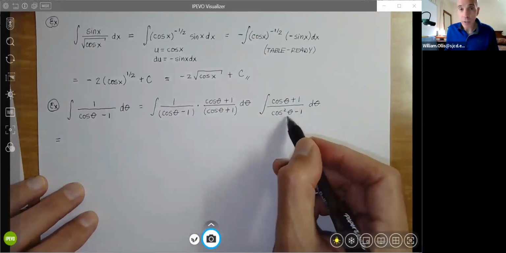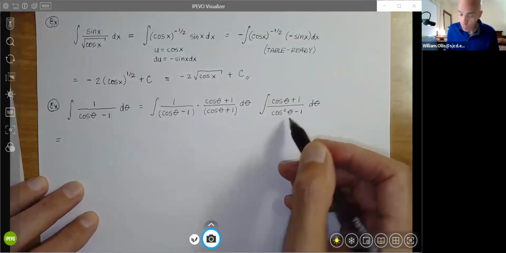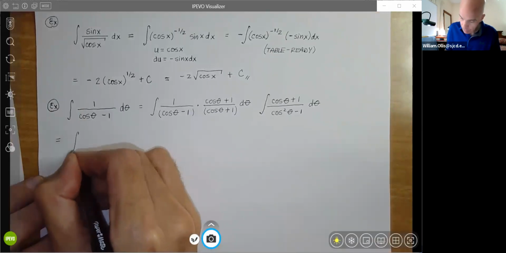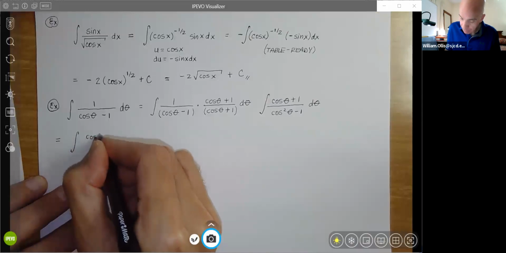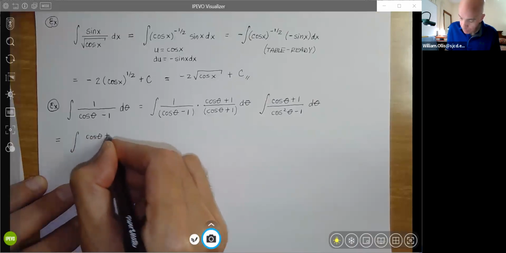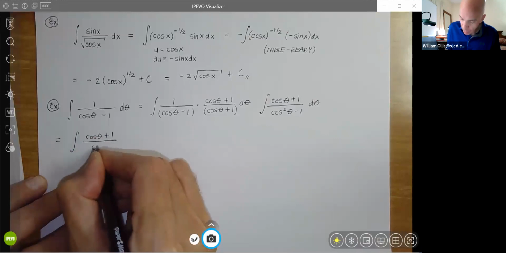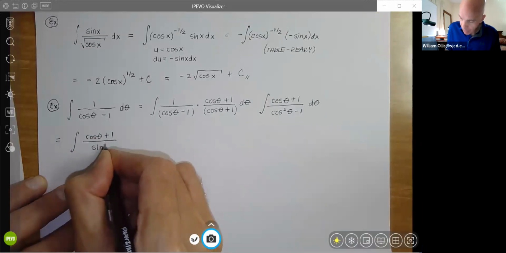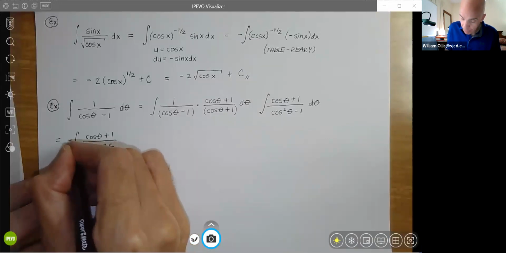Now we look and say, okay, this is the fundamental identity here. This is the negative of sine squared. It's just flipped around. So if you like, we have cosine theta plus 1. And then I'm going to go ahead and move the sine squared, the negative, outside, just to kind of get it out of the way.